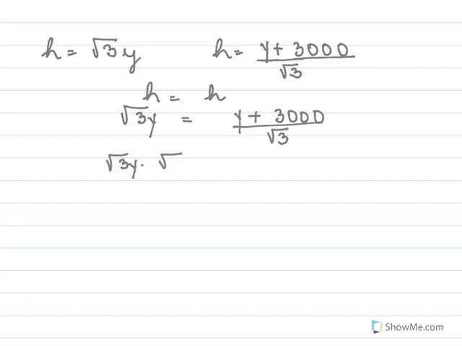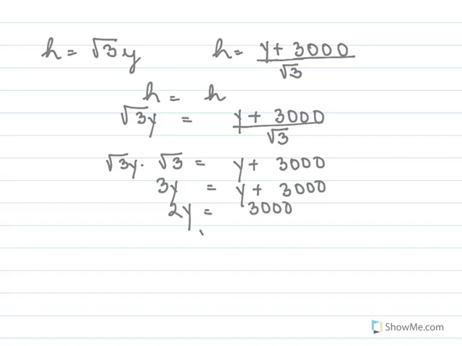Cross multiply: root 3 into root 3 y equals y plus 3000. So 3y equals y plus 3000. That is 2y equals 3000, and your y equals 1500.